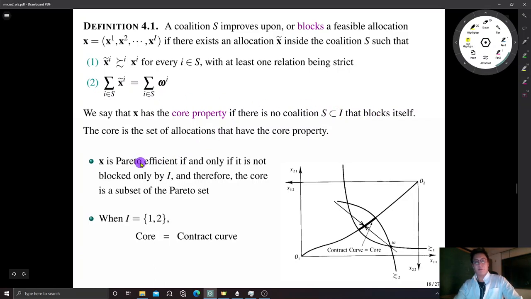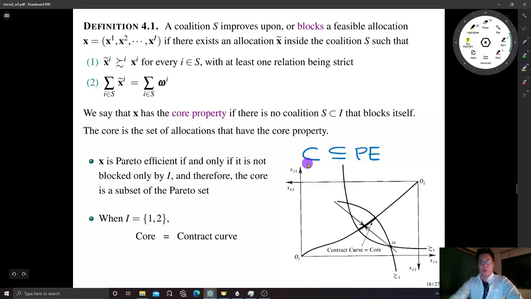Okay, so comparing with the Pareto efficient allocation, the core is a subset. So the set C that denotes the core is a subset of the Pareto efficient allocations. Because for Pareto efficiency we have just one condition. It should not be blocked by the grand coalition.